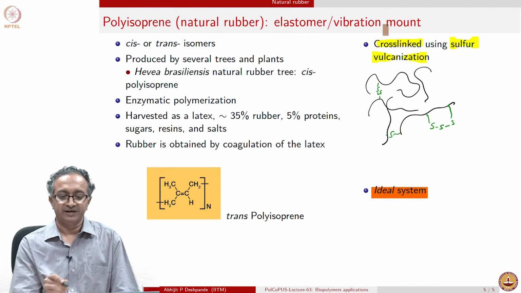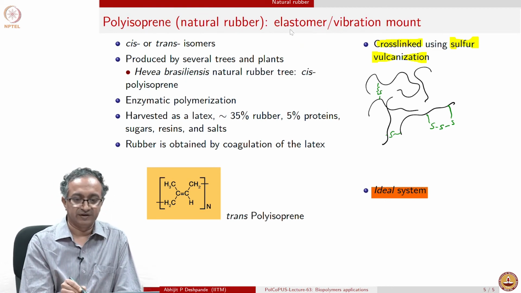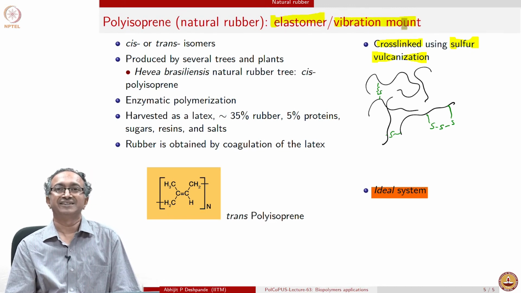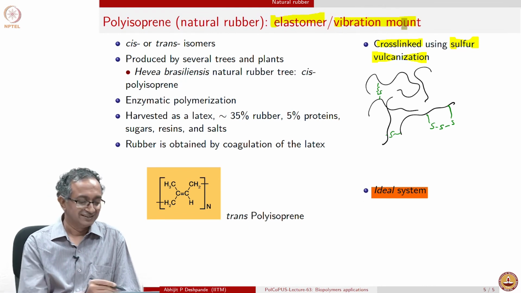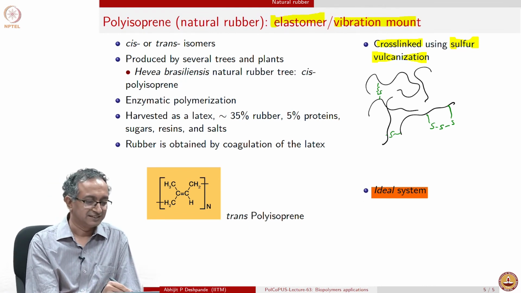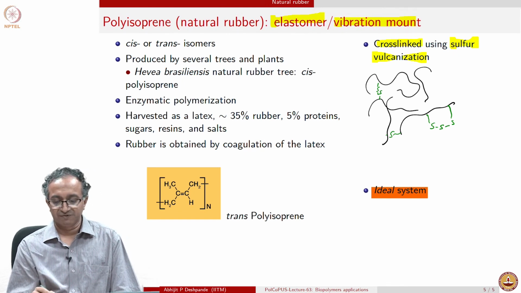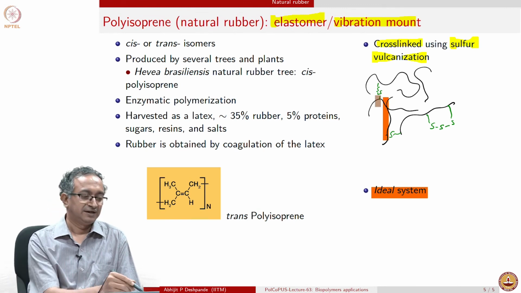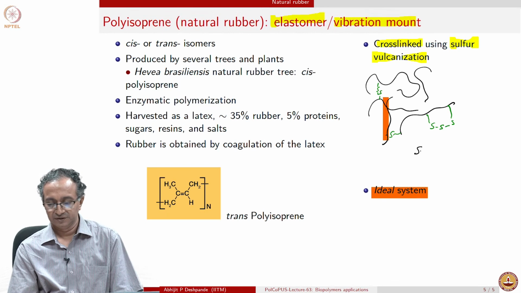So, these elastomeric properties as well as vibration mount properties, how can we explain them using no interactions? In this case the key is a segment of polymer. We have talked about a section of polymer chain between cross-link points, a word which we have used earlier and defined, called a segment.